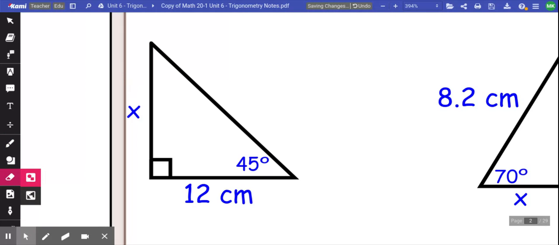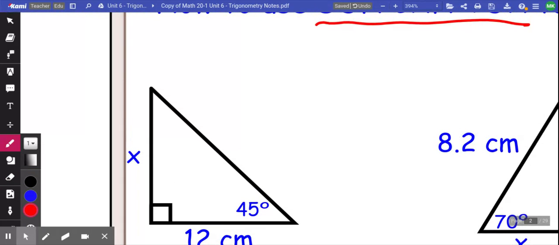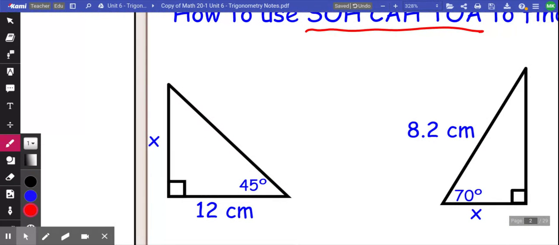To do Sohcahtoa properly, you need to label your triangle using the words opposite, adjacent, and one of the words we already know, hypotenuse.